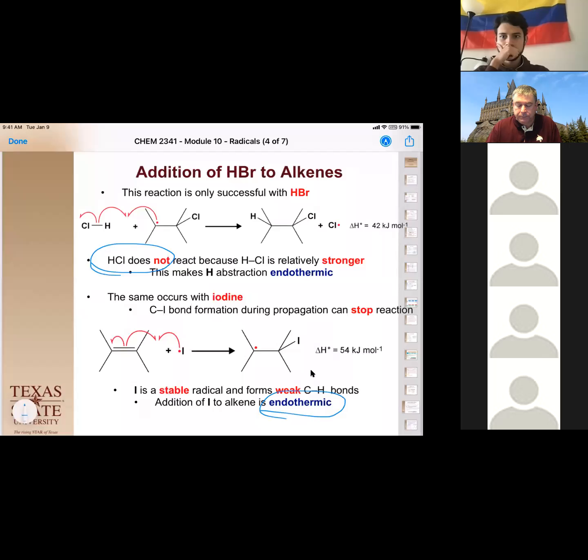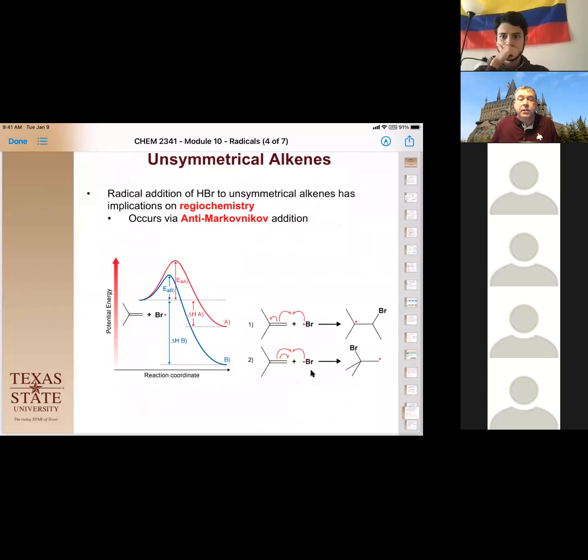Okay, so here's where we get to find out why it's anti-Markovnikov. In the case of an unsymmetrical alkene, when we do HBr plus peroxides, via a radical mechanism, we end up getting that anti-Markovnikov addition. And here's why. If we look at the activation energy for the addition of our bromine to here, we're going to form one of two things.